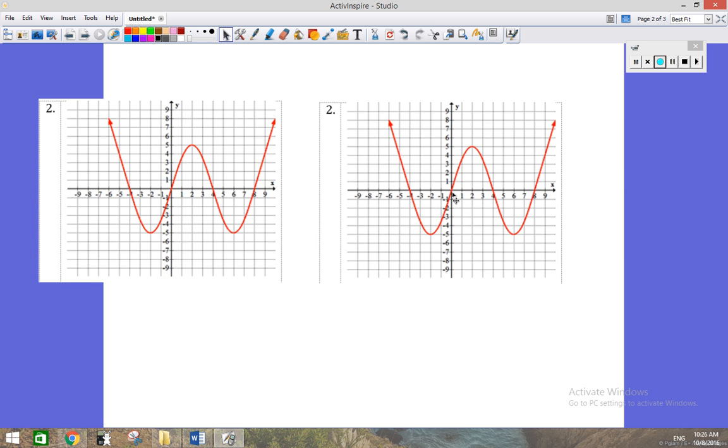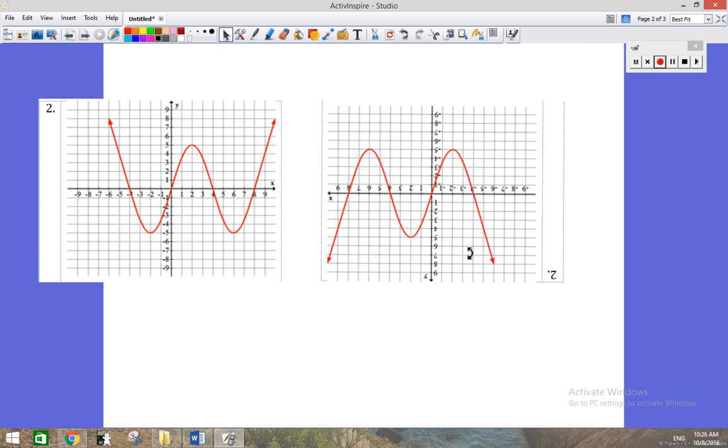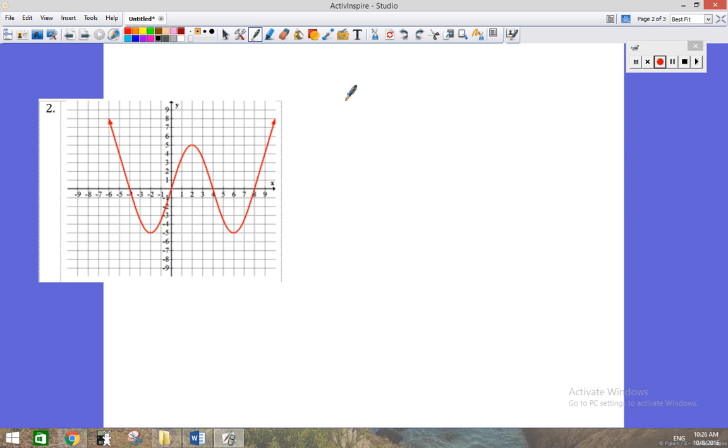If you put your pencil on the origin and rotate the graph 180 degrees, if you get the same picture, it's an odd function. Well, you can see that this area is opening upward and this area is opening downward, so this is not an odd function. So if it's not even and it's not odd, then we say it's neither.